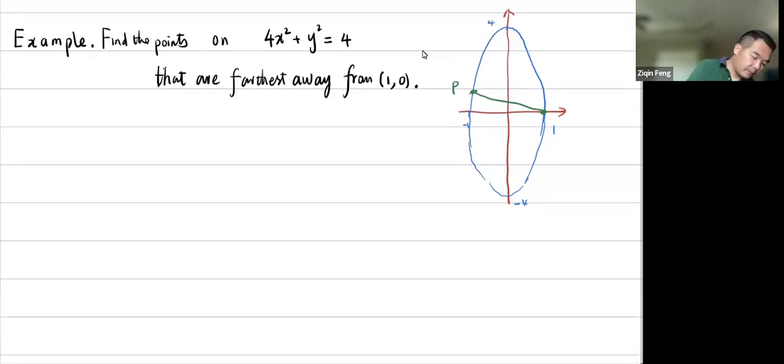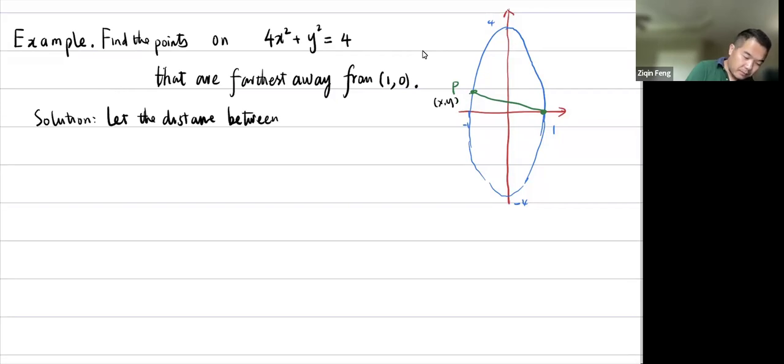Well, let's try to do that. Okay, so let's suppose our point P is (x, y), right? So the distance between P and (1, 0), let's call that d, right?